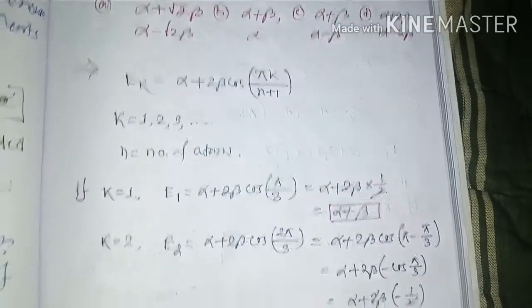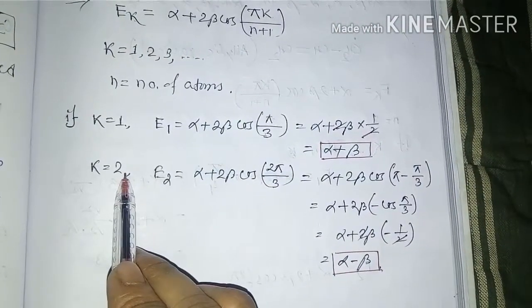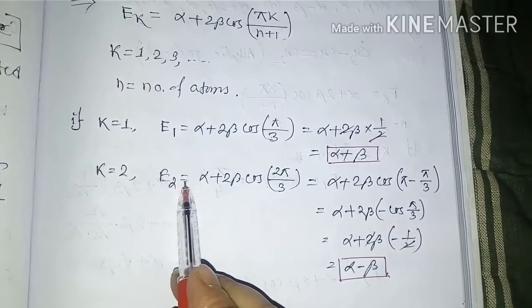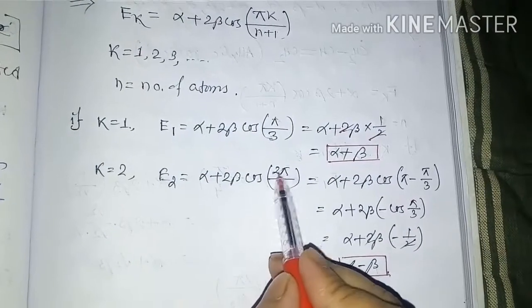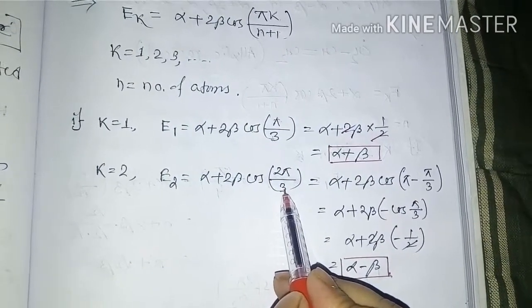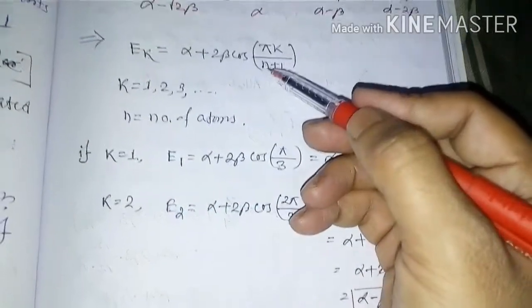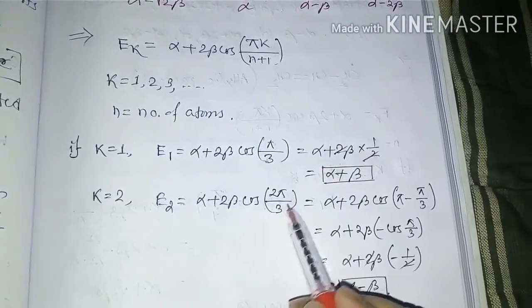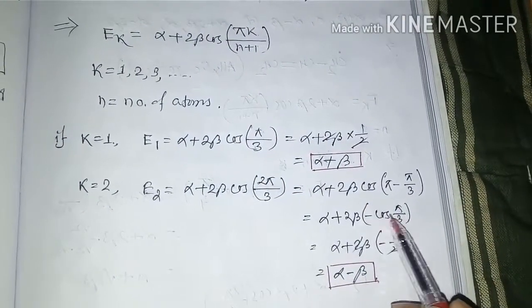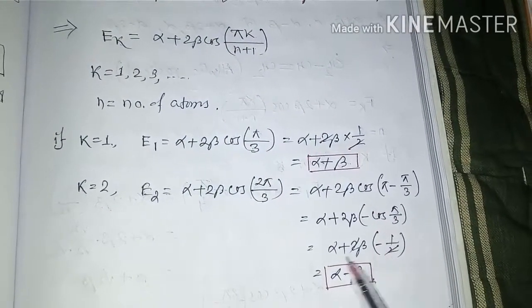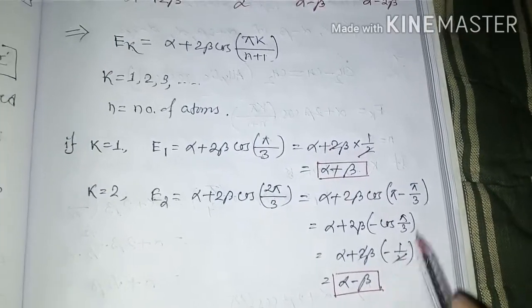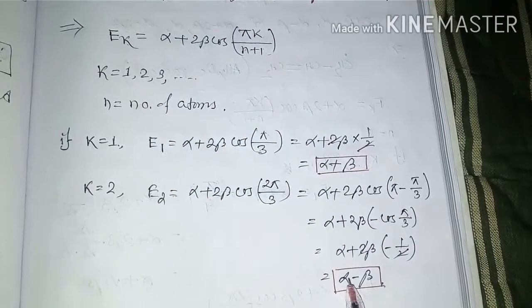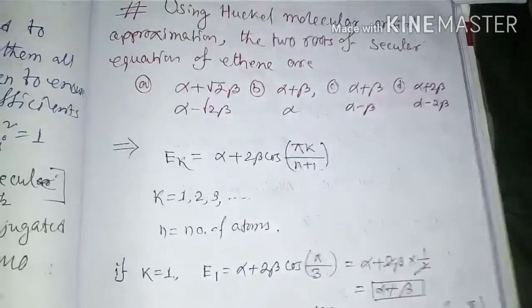Then this cancels, you will get alpha plus beta. Now suppose k value is 2, then E2 equal to alpha plus 2 beta cos 2 pi by 3, because n value is the number of carbon atoms, 2 plus 1. This gives alpha minus beta. So the first one is for k equal to 1, alpha plus beta, and for k equal to 2, alpha minus beta, for the ethylene unit.